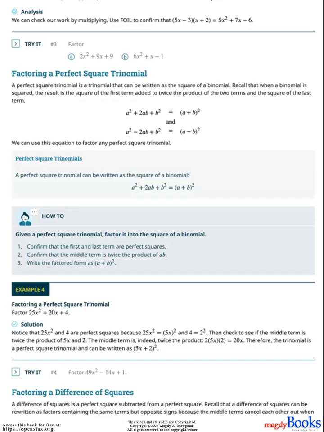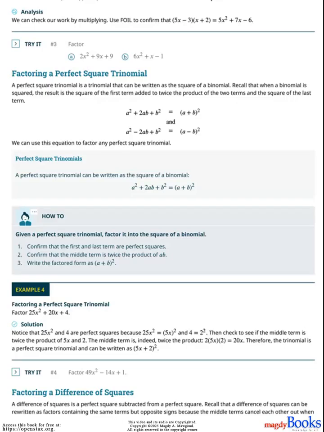The middle term is, indeed, twice the product, 2 times (5x) multiplied by (2) equals 20x. Therefore, the trinomial is a perfect square trinomial and can be written as (5x plus 2) all squared.